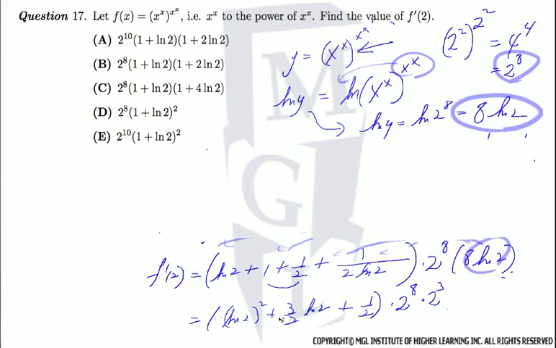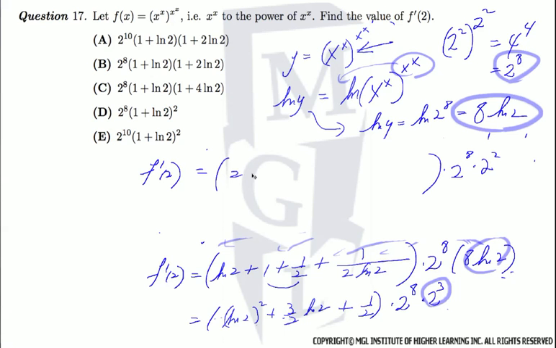Now inside the bracket, there is still a fraction, and I can get rid of that fraction if I just multiply the bracket by 2. So I'm going to take 1 factor of 2 from here. If you do that, we're only left with 2 to the power of 8 and 2 squared, and in the bracket, everything will be multiplied by 2.